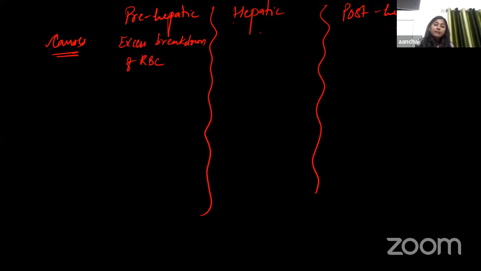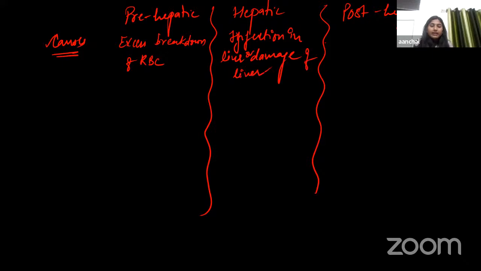In hepatic jaundice, the cause is due to presence of infection in liver, or whenever there is any kind of damage present inside liver. Then third, we have post-hepatic. In post-hepatic jaundice, the cause will be due to presence of obstruction to bile duct.